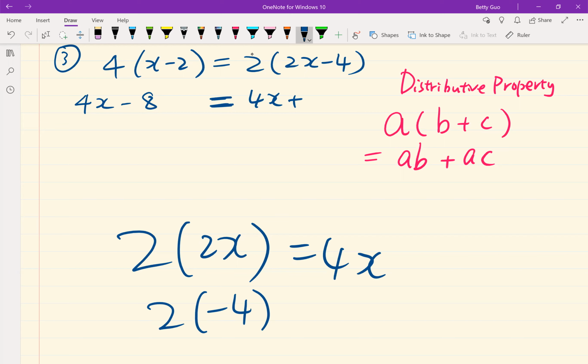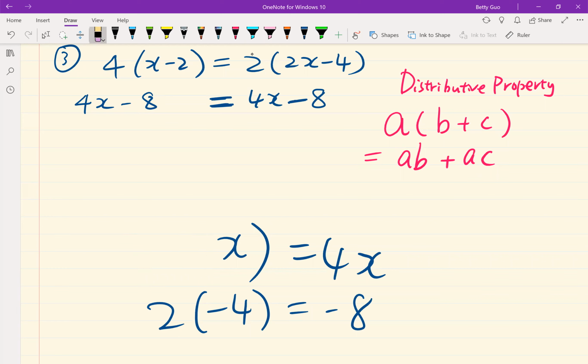The negative sign goes with the term -4. 2 times -4 is -8, right? So plus -8. Okay, so we've completed the first step.